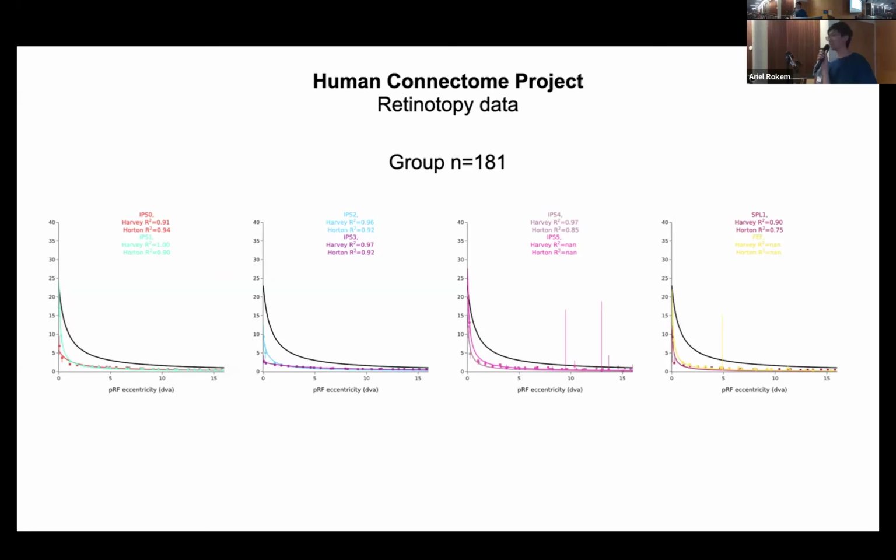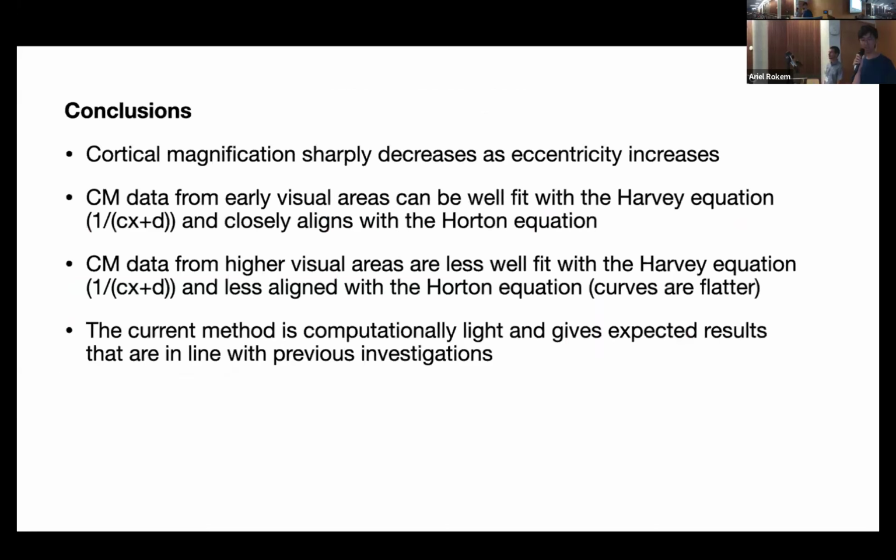So yeah, these are our results. And just to reiterate, we found that cortical magnification sharply decreases as eccentricity increases. We saw that the magnification data fit quite well in early visual areas to the Harvey equation, as well as the Hilton equation.